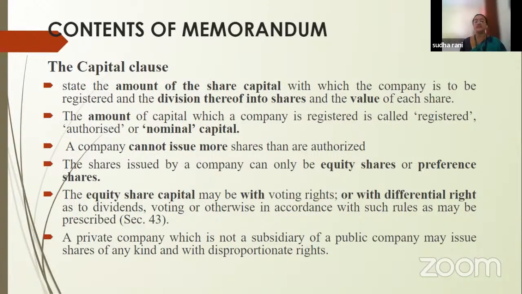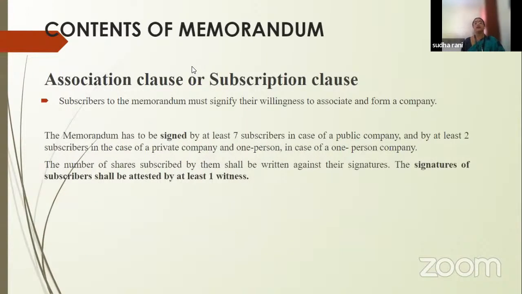So the capital clause tells about the share capital of the company: the amount of share capital, how many types of shares it is going to raise, the share value, the total authorized capital, and the rights of shareholders under each type of shares.